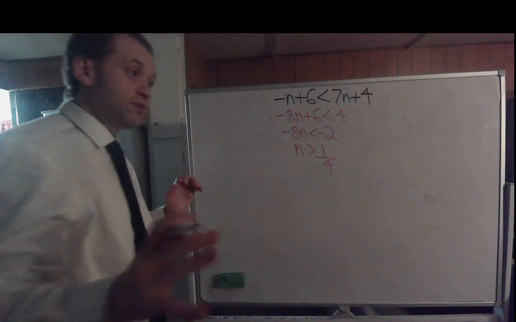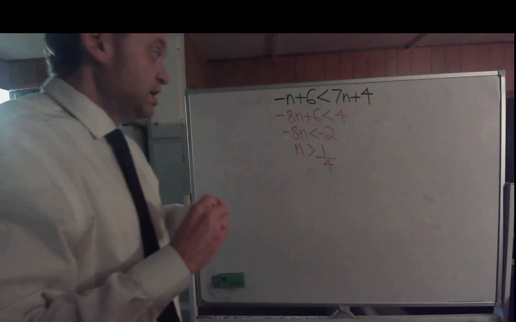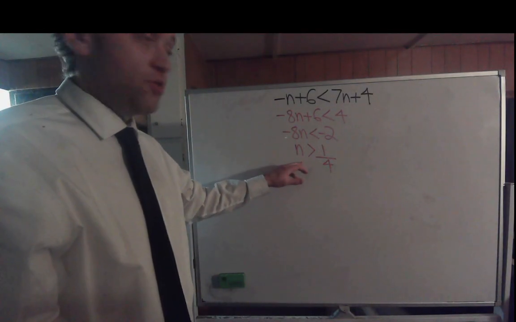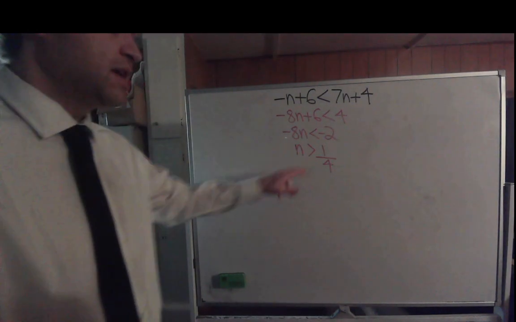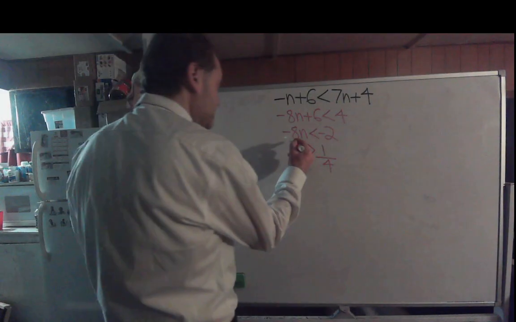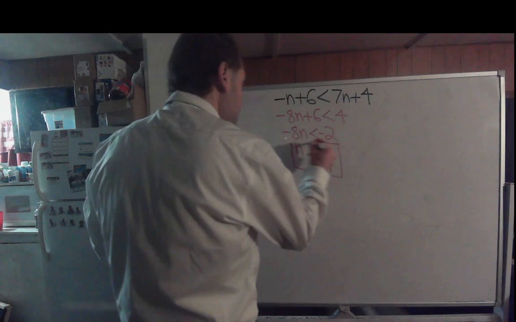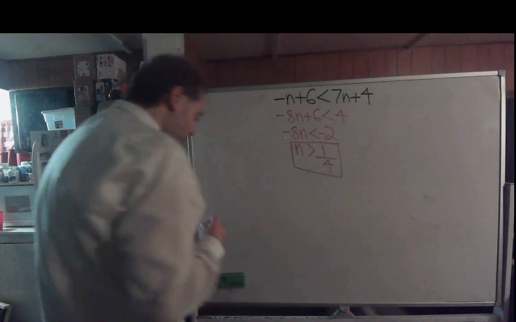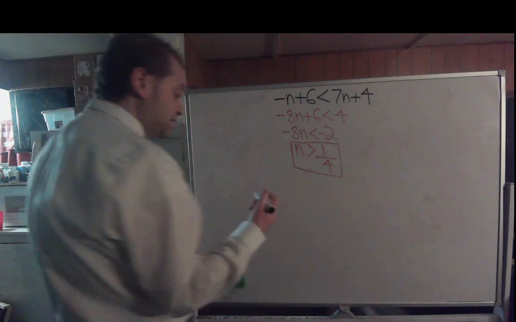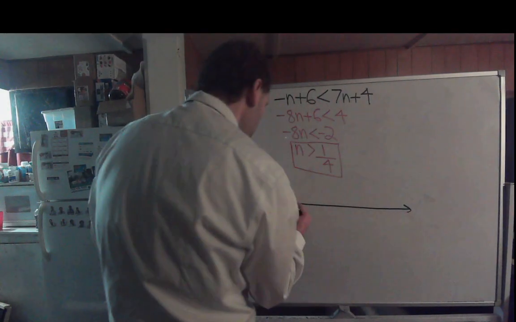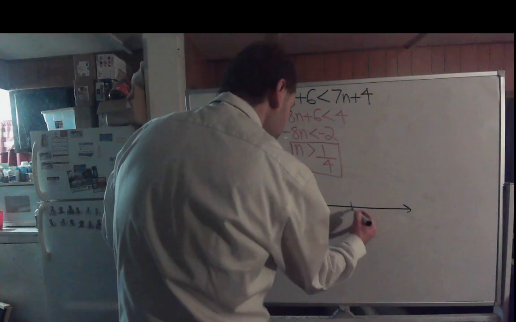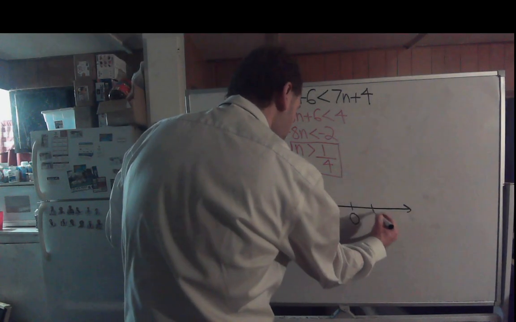N is greater than 1/4 because, again, when you divide or multiply by a negative, you flip the original sign, it becomes greater than 1/4. So n will be greater than 1/4, and now let's go ahead and plot this on a number line. Let's put 0 here, let's put 1 here, put 2 here.